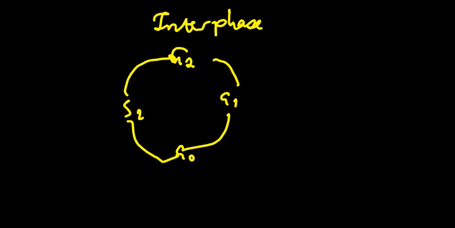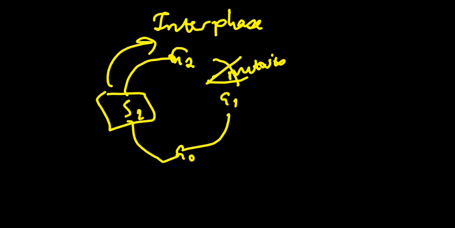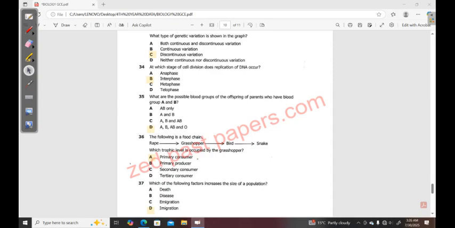In between, just here, you have your mitosis occurring. So it's within the S phase of interphase where duplication of the DNA occurs. Hence, that's why we went for this answer.